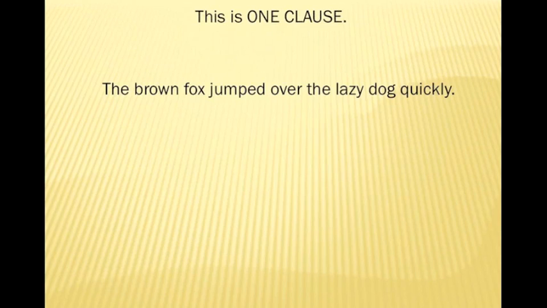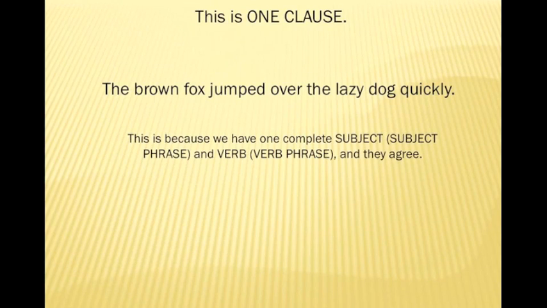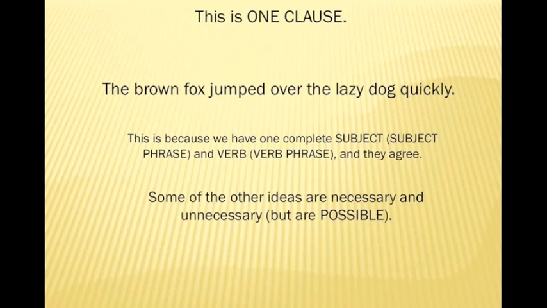So coming back to our old example, one way to redefine this example now is to say that this is one clause. This is because we have one complete subject and verb situation, and that they agree with each other. So again, in this case, we have other ideas in the sentence. Some of these ideas are necessary, and others are unnecessary, but they're possible.